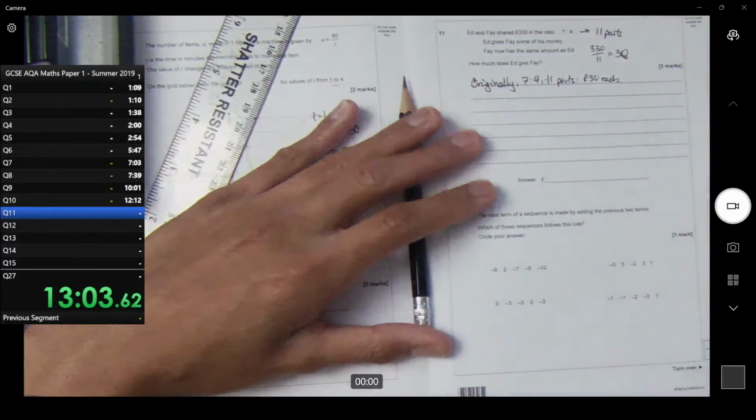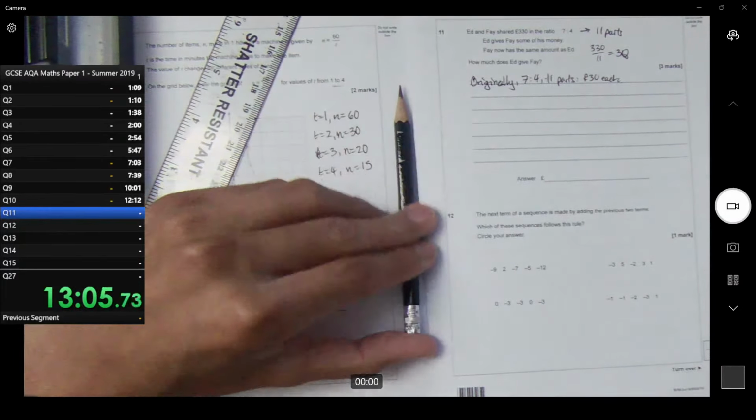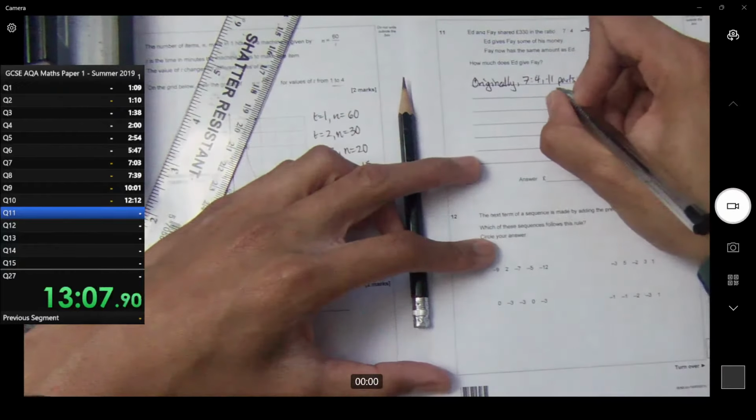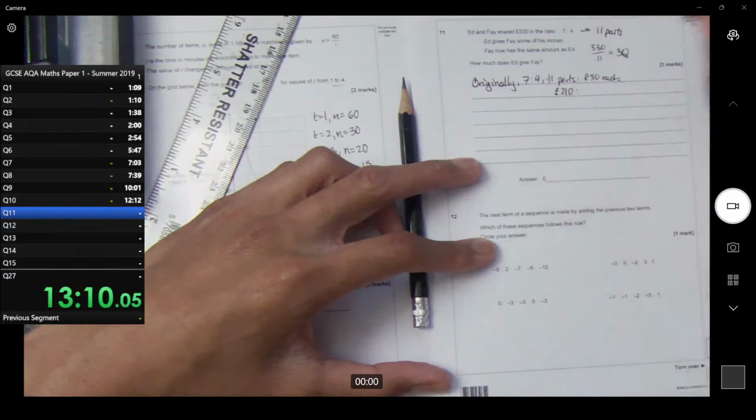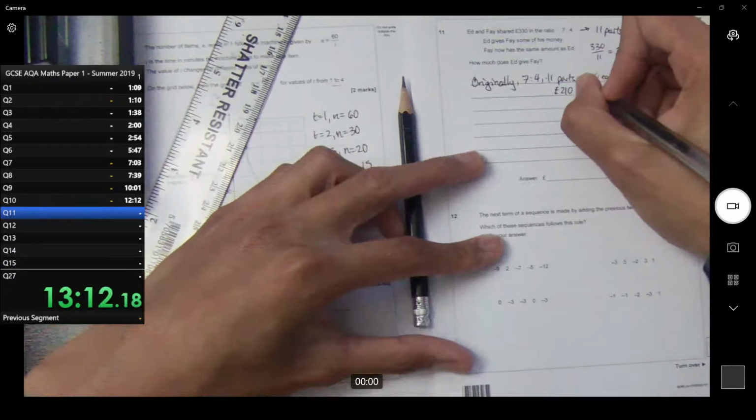So therefore they shared the money originally, what I work out to be is 210 to 120.